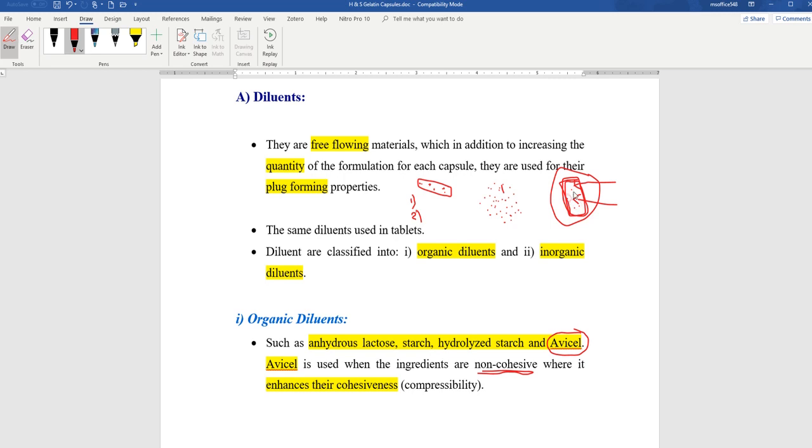Why is it not working in the plug? The reason is there are a lot of spaces, so swelling or wicking will not make a big difference to what happens in the plug, because there are already a lot of voids and spaces inside.